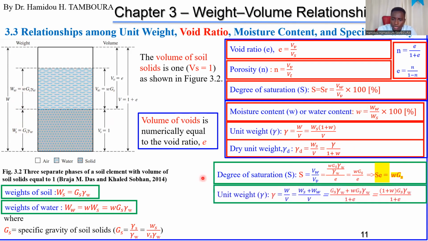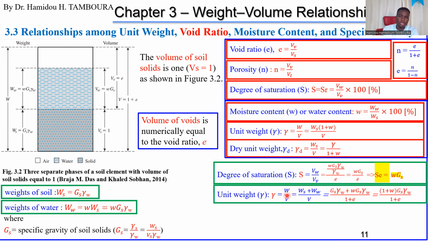Unit weight. What will it be? The formula of unit weight. This is what we have here already. We have obtained it on the very first step, the very first relationship we have established. Okay, so unit weight is total weight divided by total volume.